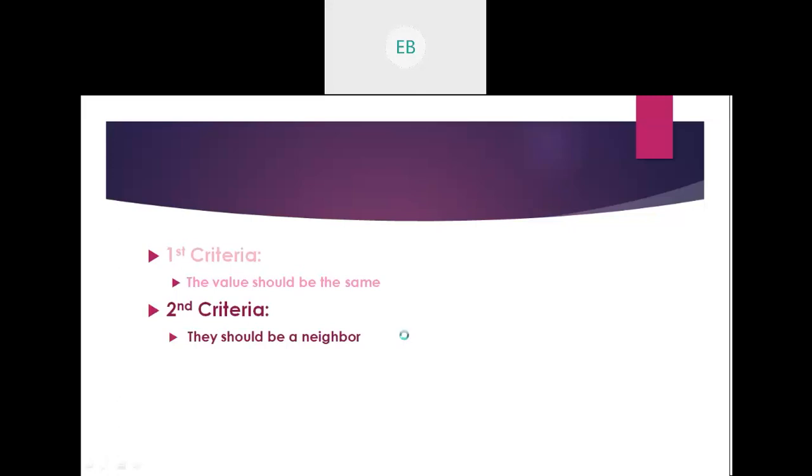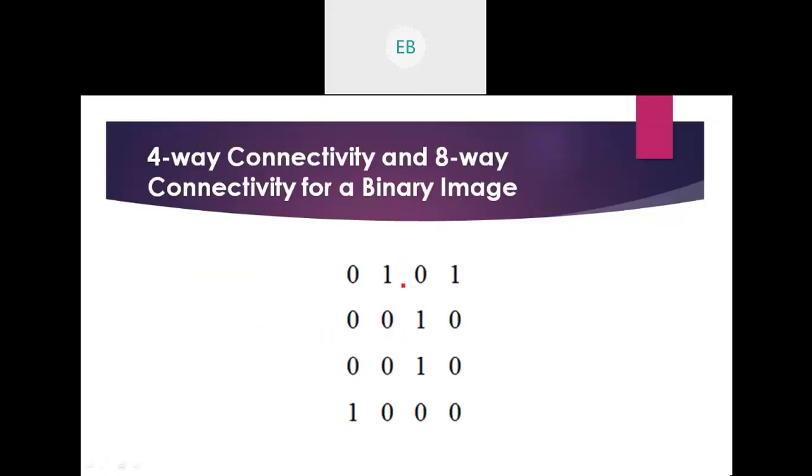So what I'm trying to say here is, suppose I'm taking this as the reference pixel. What is the horizontal or vertical pixel? Suppose the vertical pixel is this one. See, 1 and 1, so the value is the same, plus this is a vertical neighbor of this pixel. So we can say that this is a four neighbor, this is four-way connected. Yes, we are talking about four-way connectivity over here.